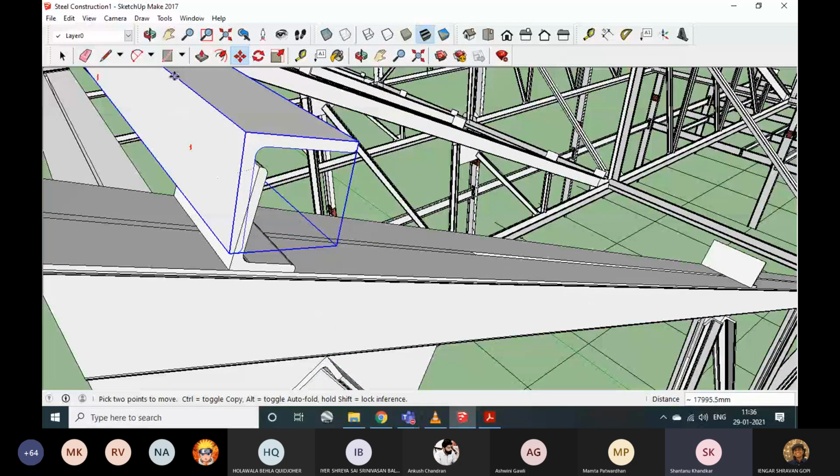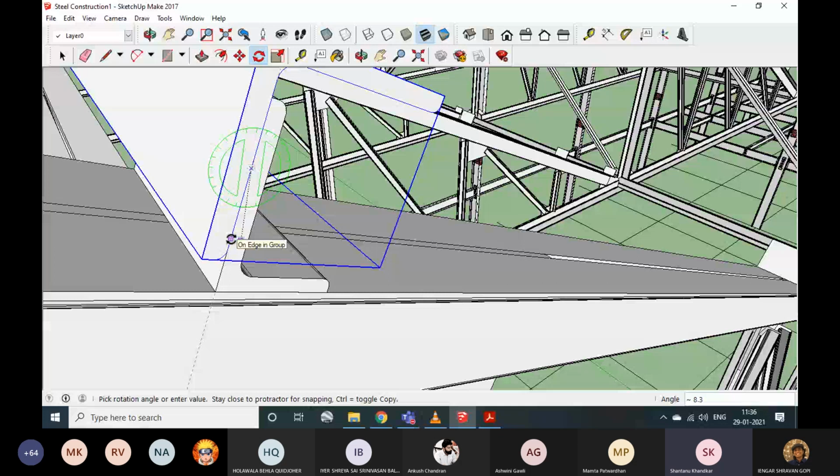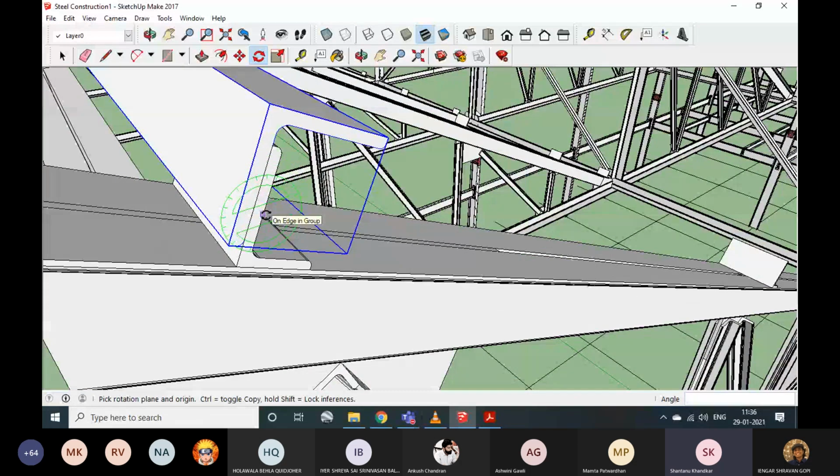Obviously they will be aligned to that. And you can see that the purlin is now resting on this cleat over here.